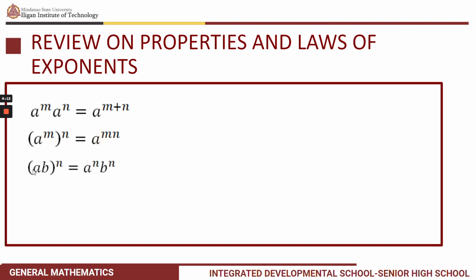This one, on the other hand: you raise the product of two numbers to the power of n. What happens is you distribute the exponent n. So we have a raised to n times b raised to n.